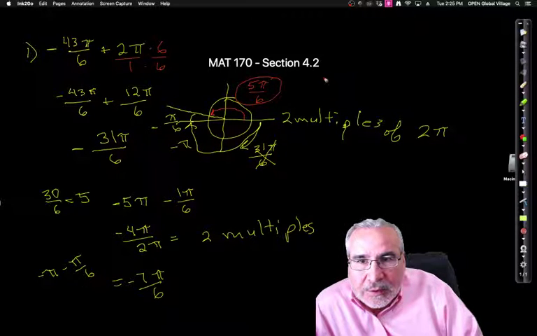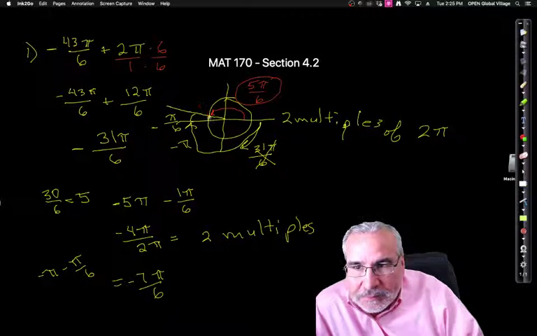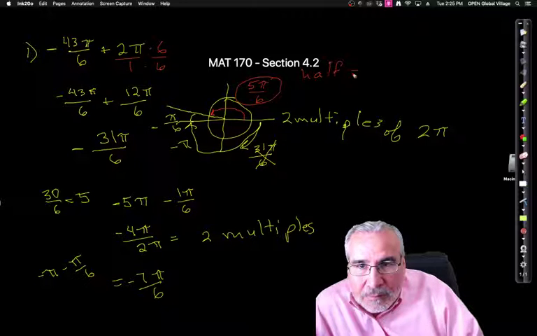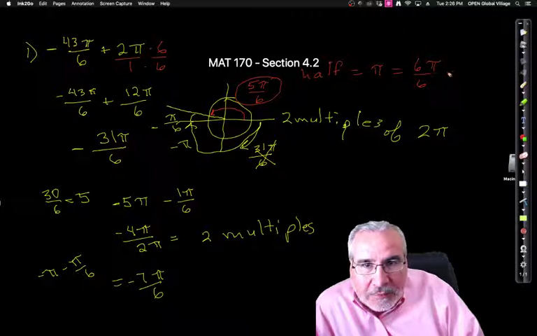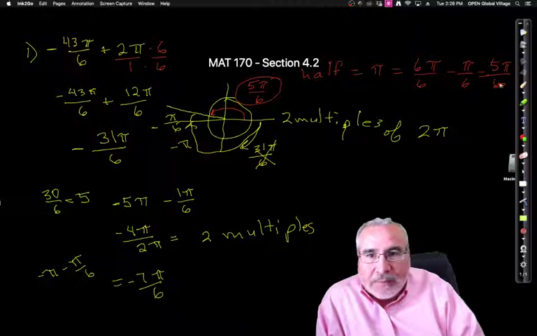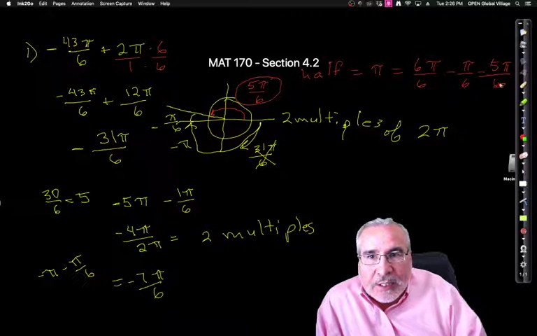Halfway around the circle is equal to pi, which is also equal to 6 pi over 6. We back off, subtract the 1 pi over 6, and that takes us to 5 pi over 6. Okay, so that's how that one's done.